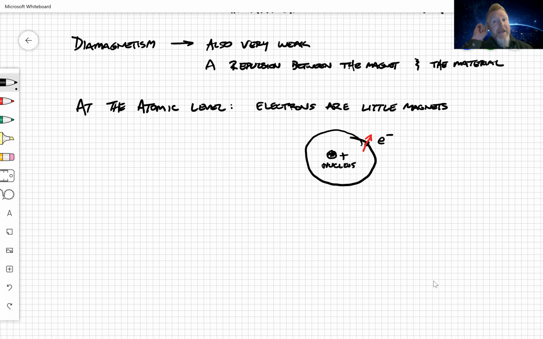The noble gases, which have filled shells, will typically not show a paramagnetic effect because they are diamagnetic. Having no unpaired electrons means they show diamagnetism. Essentially every material is both paramagnetic and diamagnetic. They're competing effects, and it's which one is a bit more than the other.